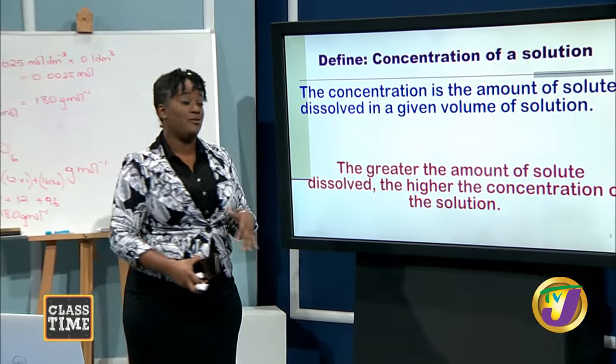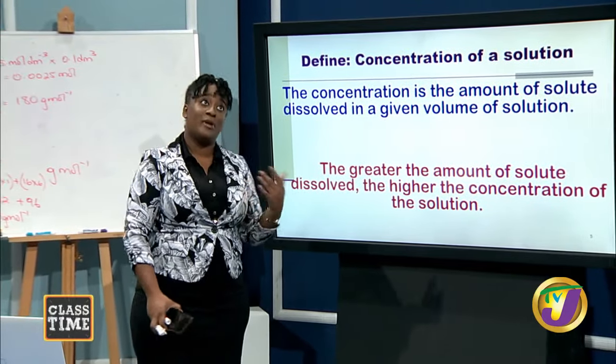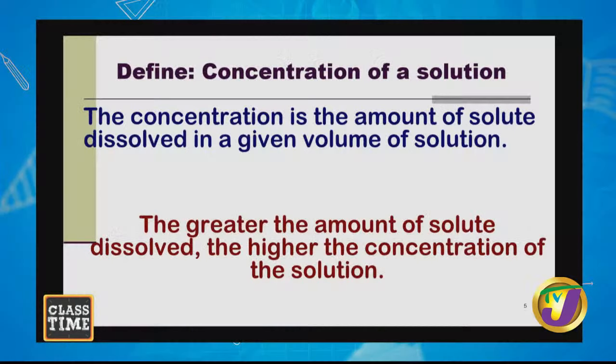What is a standard solution? A standard solution is normally used by chemists, is normally used in the lab. A standard solution is a solution that is accurately known. The concentration is accurately known. So we normally use standard solution to do our titrations. So a standard solution is a solution in which its concentration is accurately known.